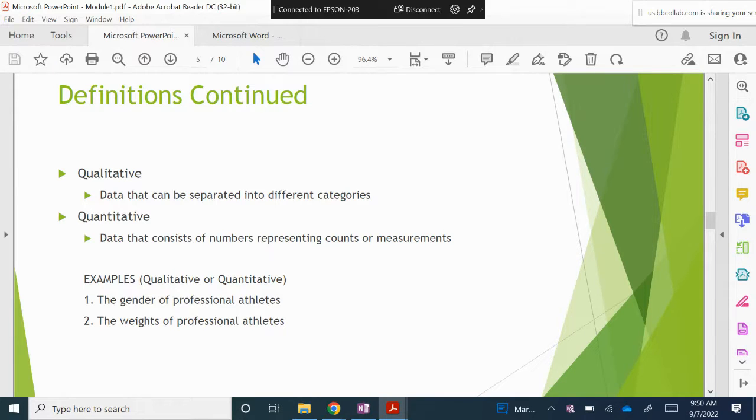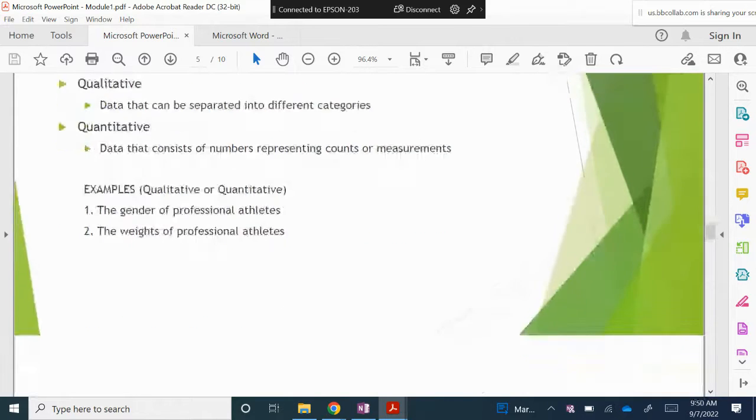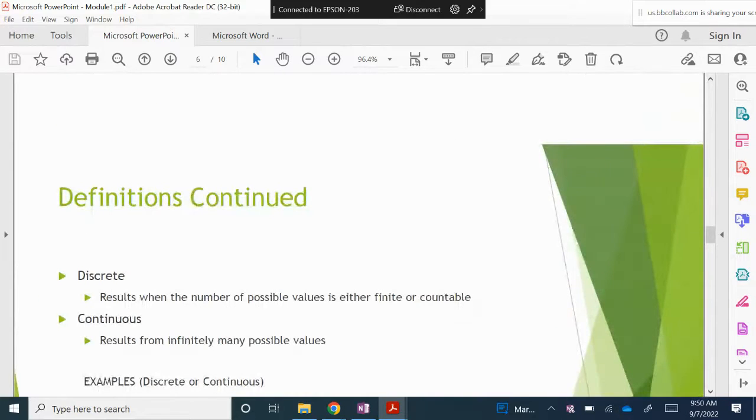Two, the weights of professional athletes. Is that quantitative or qualitative? Quantitative, because you can put a number on weight. You can't put a number on gender, but you can definitely put a number on weight, right? So the weights of professional athletes would be a quantitative measurement.